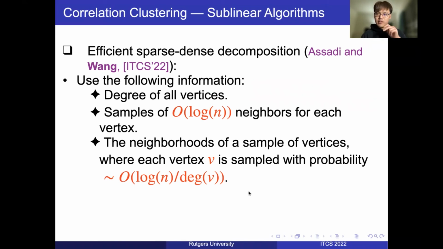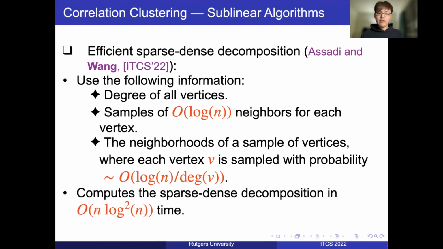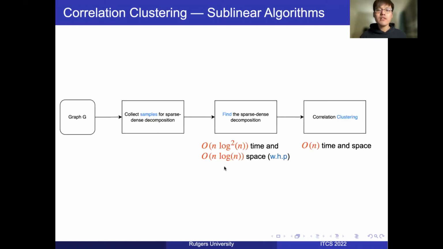These subset of vertices are sampled with probability around order of log n over degree of v, for each v. Given these three types of information, we can compute a sparse-dense decomposition in order of n log square n time and order of n log n space.